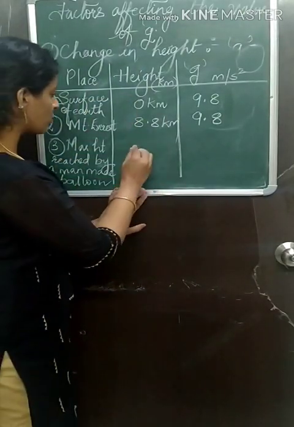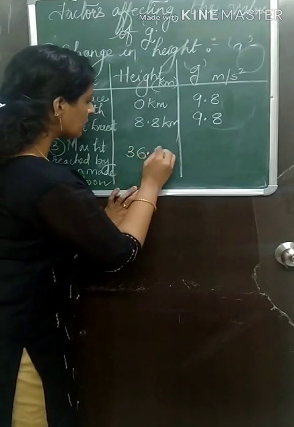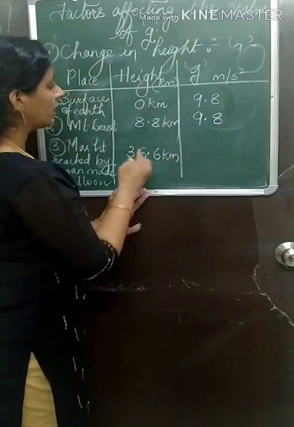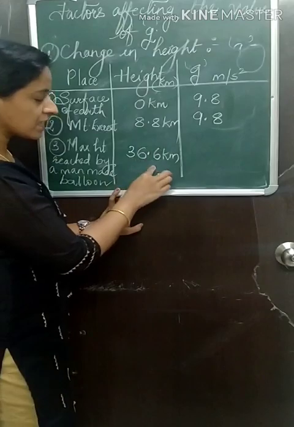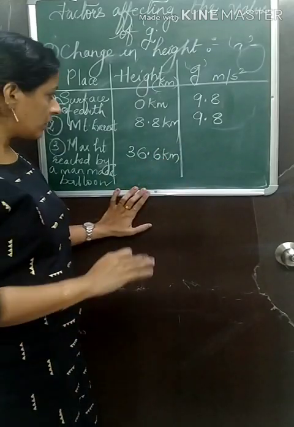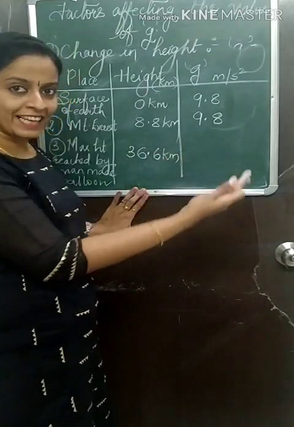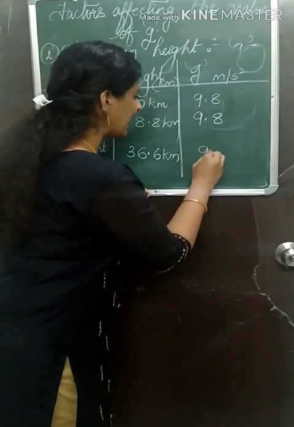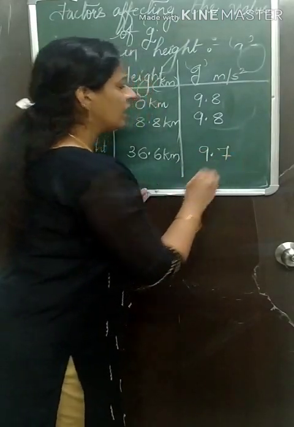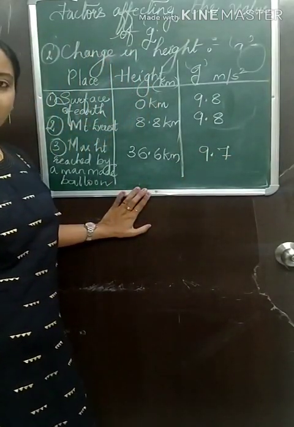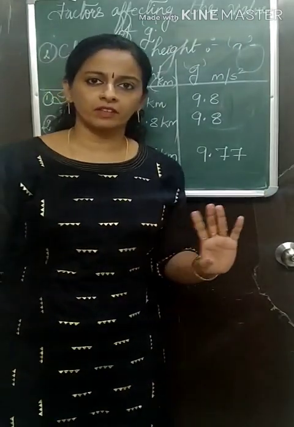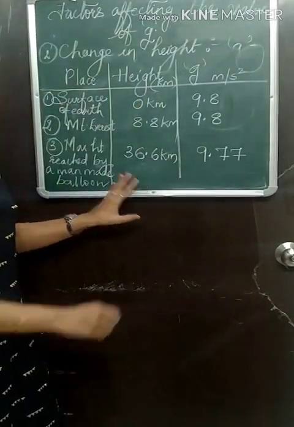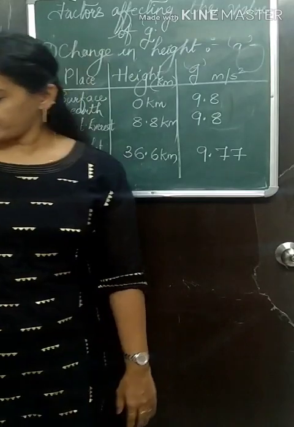Okay, that also is easy to remember. 36.6 kilometer. Like 8.8, 36.6 kilometer. So now it is more than 10 kilometer, no? So there will be a slight change in the value of G. It will be 9.7, right? 9.7. Okay. So these three values you copy.